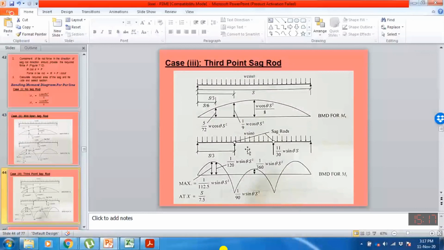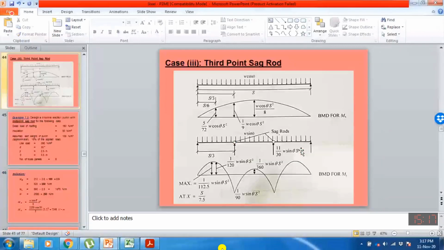So about the x-axis, sag rods will not be effective, so mx will remain the same. But if we are using two sag rods, one is provided at each one third point. So we are assuming that our purlin is a continuous beam having three spans in the y direction. In that case, the bending moment diagram for a three span continuous beam subjected to UDL load is this.